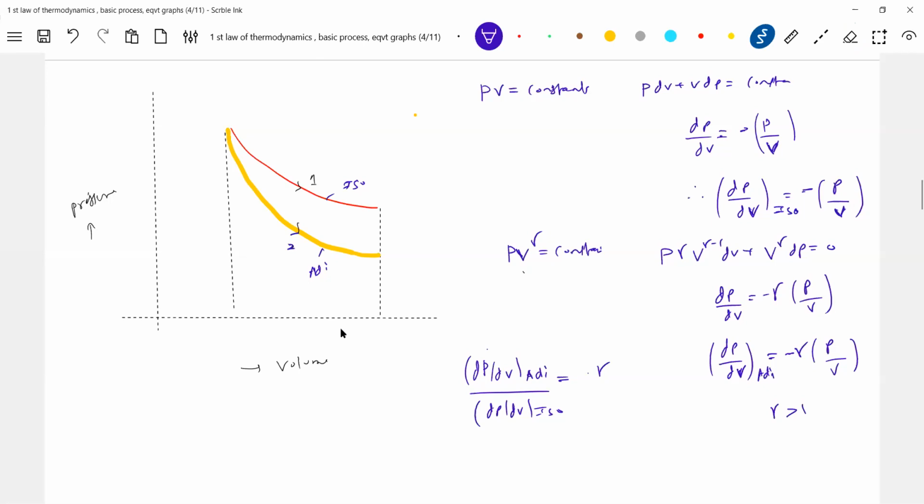So adiabatic curves are steeper than isothermal curves. Okay, this is about comparing isothermal and adiabatic.